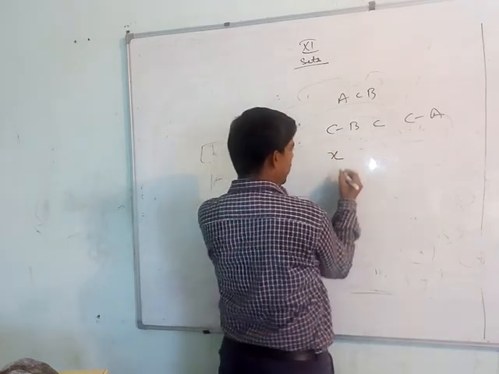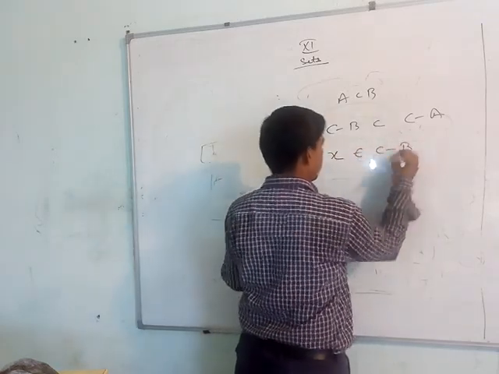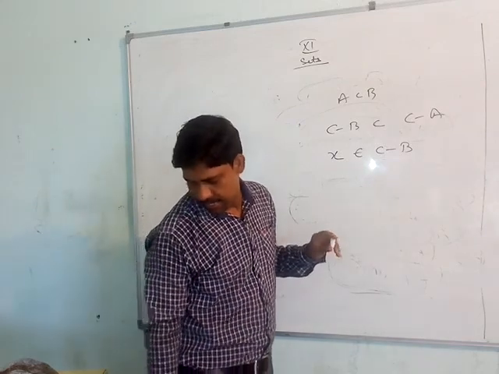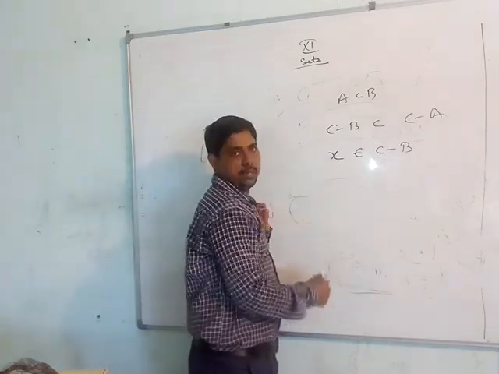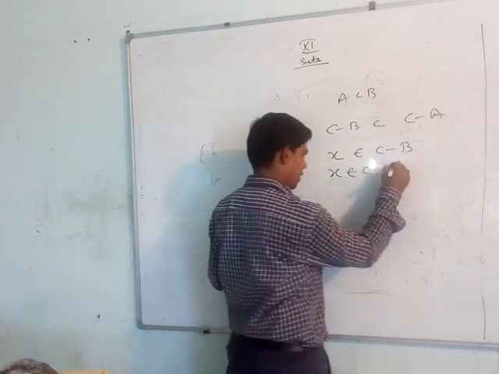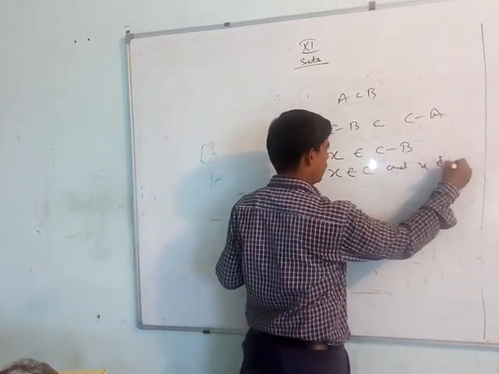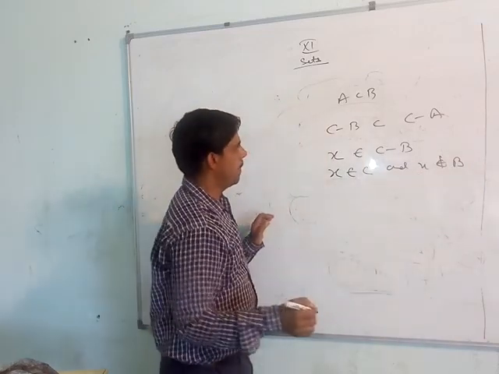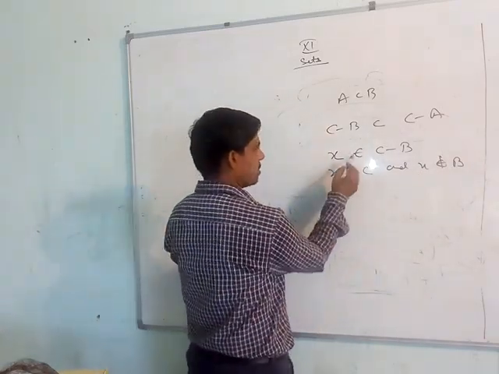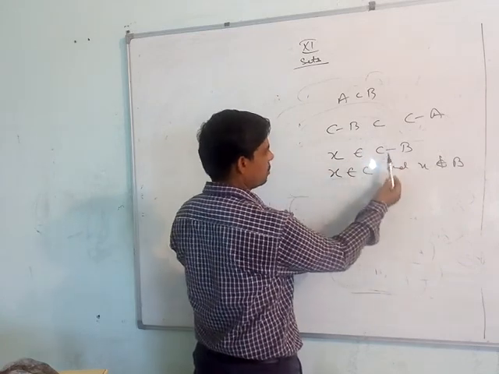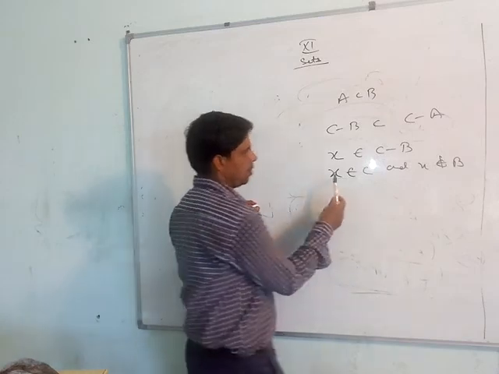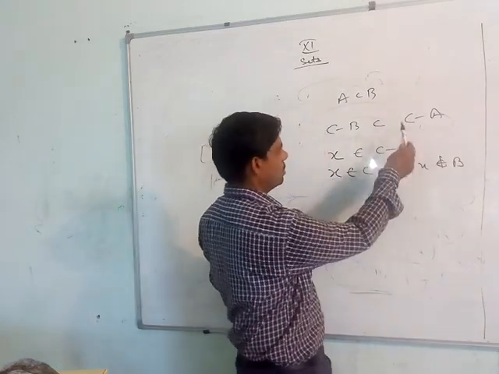Let's assume that x belongs to c minus b. If x belongs to c minus b, this means x belongs to c and x does not belong to b, right? And this is given, and we need to prove that this is equal to x belongs to c minus a. So x belongs to c and x does not belong to a.